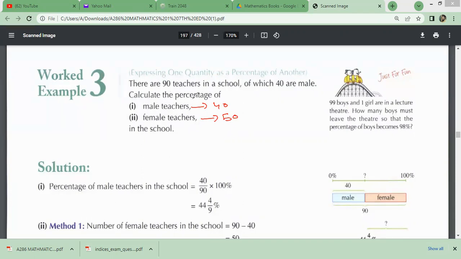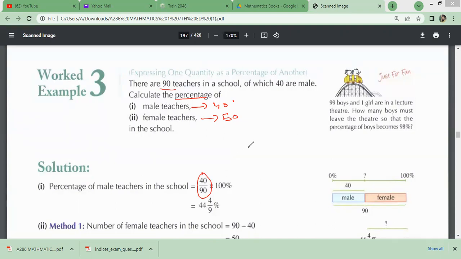We have to calculate the percentage of male teachers. The total teachers were 90, so out of 90, 40 were male. So we can write the fraction of teachers who were male as 40 over 90, and multiply it by 100 to change this fraction into a percentage.